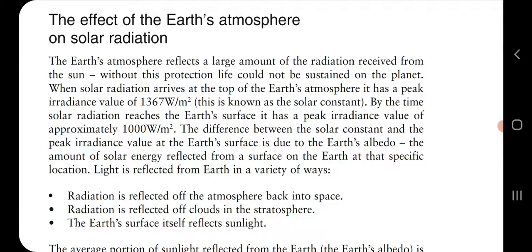There are many reasons why such things happen. The first reason is it is reflected by the outer atmosphere of the earth, which reflects back most of the radiation. Then inside the atmospheric layer there are clouds. Those clouds also reflect the radiation, and when the radiation reaches the earth's surface, the surface also reflects the sunlight.